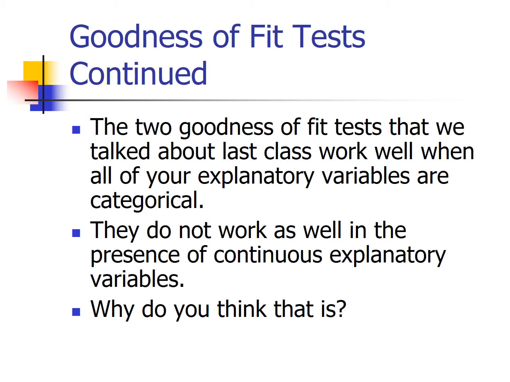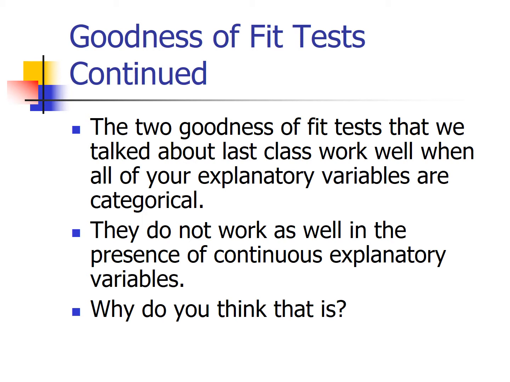Those sample size requirements, remember, required a certain number of observations for every combination of covariate patterns. But if we have a continuous variable, and we're measuring it very, very, very finely, so maybe we're measuring someone's height, and their height is 6 foot, 1.2 inches, there's only probably going to be one or two people in our data set that have that particular value.